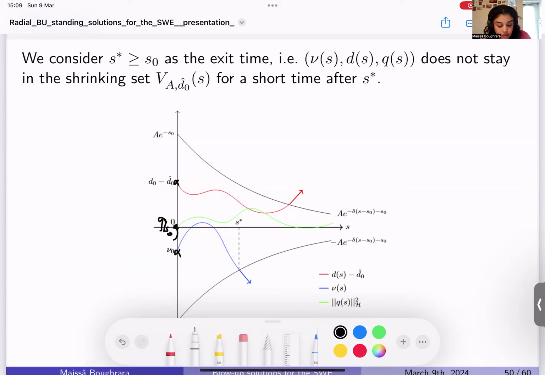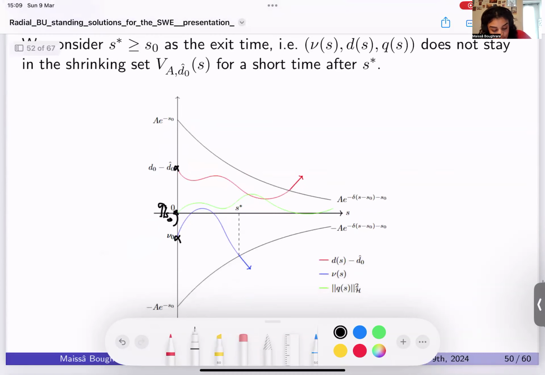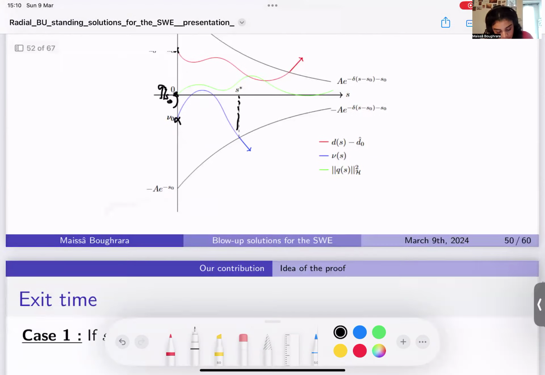Okay, so we're gonna assume that there is a time S star such that one of the three is gonna exit. Okay, we don't care if the other ones exit afterwards. We're gonna take the smallest time where one of the three is gonna exit. Okay, so in this drawing, for example, I draw that S star is gonna be the first exit of nu 0, but we're gonna do the proof in the general case.